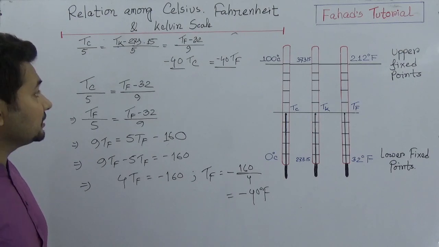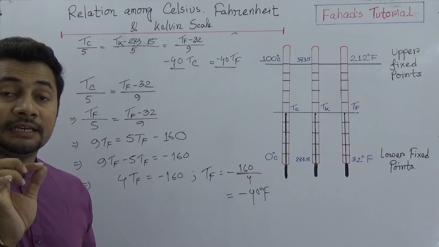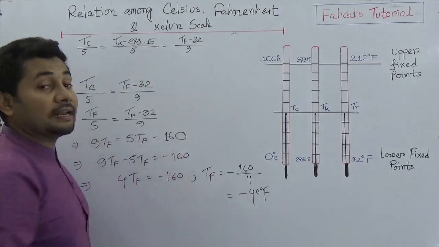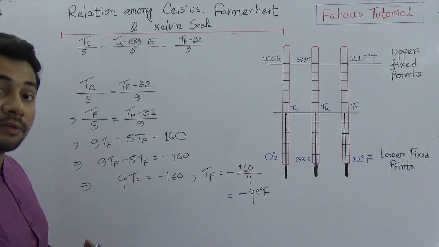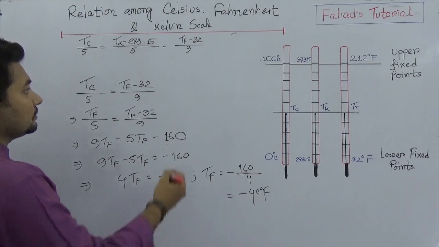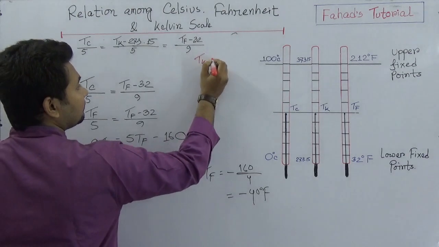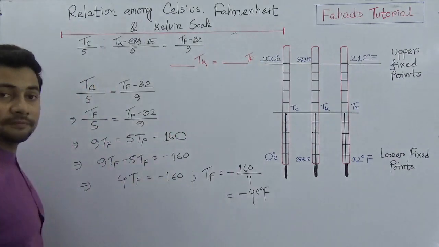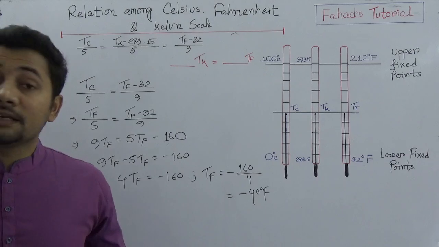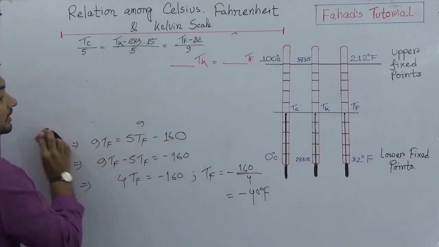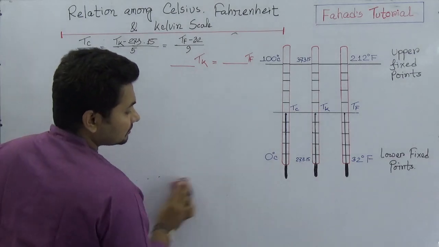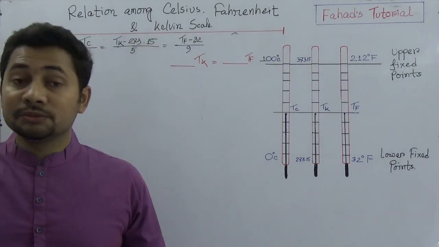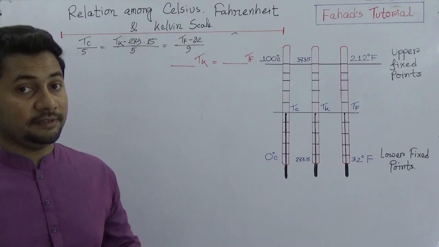But if the question is at which temperature the Kelvin and Fahrenheit are the same, now we need to make another equation. So the temperature in Kelvin and Fahrenheit, at which temperature will both be the same? We need to forget Celsius right now and think about only two equations, Fahrenheit and Kelvin.